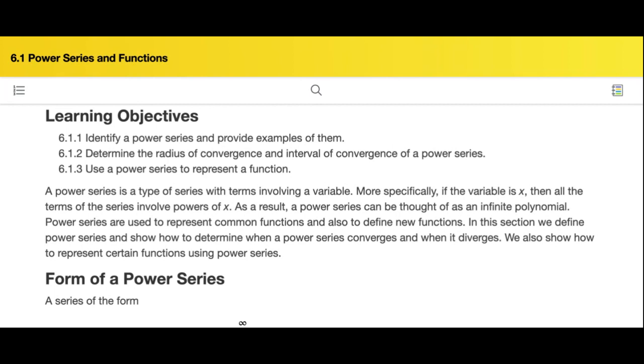So we can look at some series from another point of view. We can look at some functions from another point of view, right? Because none of you are math majors. If you are math majors, you have to know this chapter very, very well. Okay, let's go.